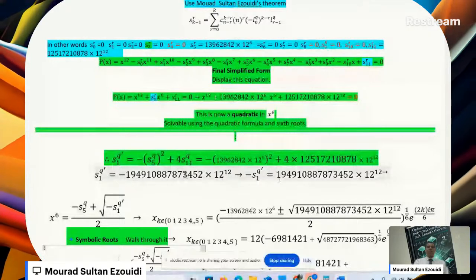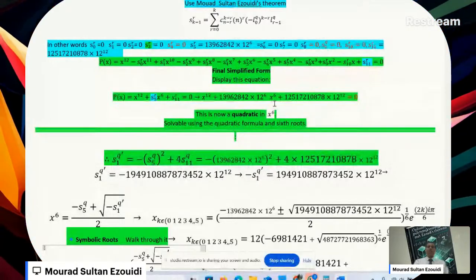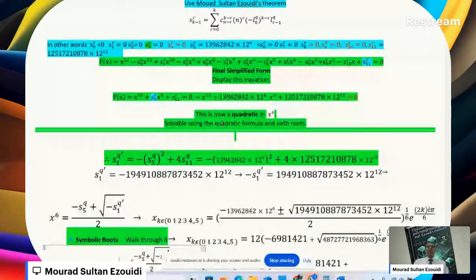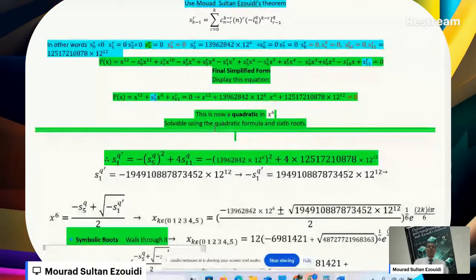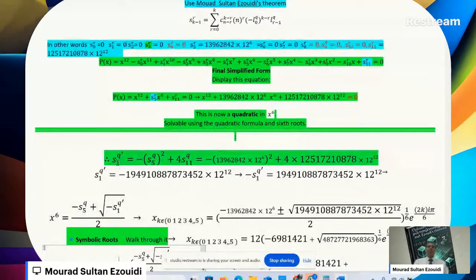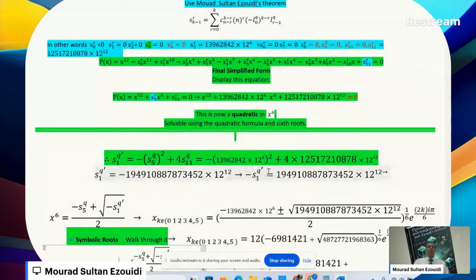But as this is going to be a quadratic equation in terms of x raised to the power 6, all raised to the power 2, the coefficient of this second-degree equation is positive. When we transfer to the right-hand side, it would be negative. Therefore, here it is negative, so we work with the negative value.